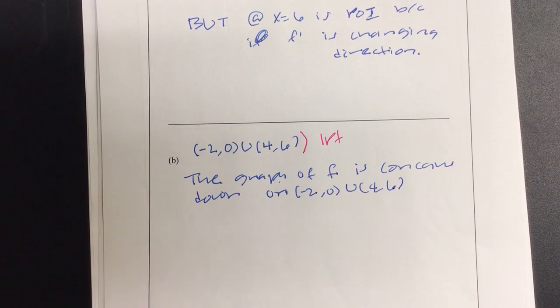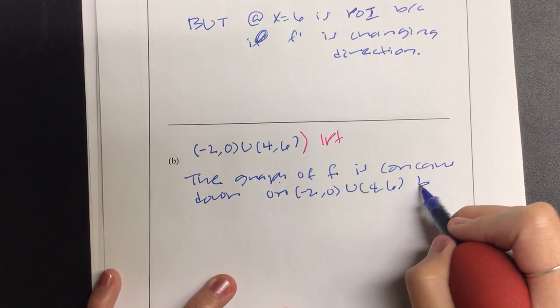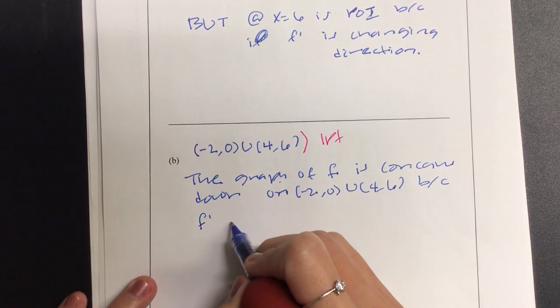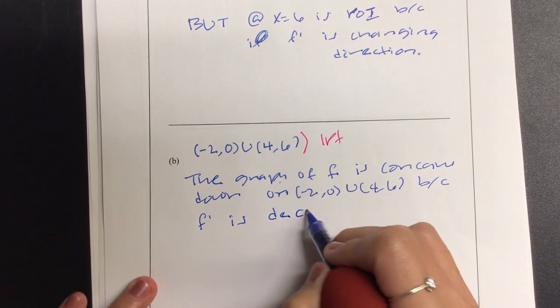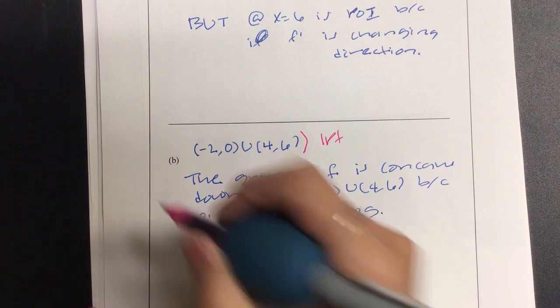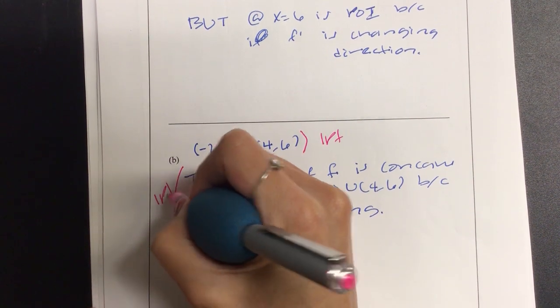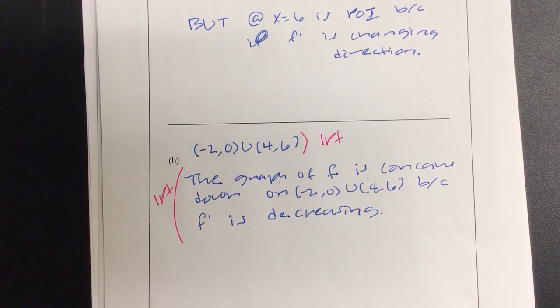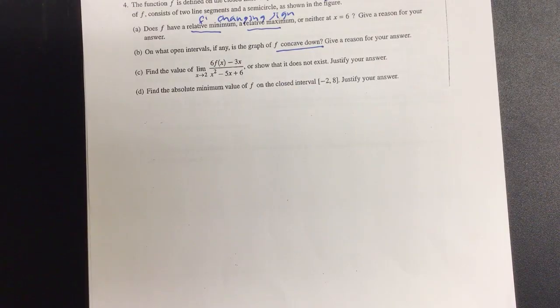On the interval, because f prime is what? Is decreasing. And that reasoning will give you 1 point. Just try not to say it is concave down because it is decreasing. Say the graph is, okay? Or f prime is. Let's go on to the next page.